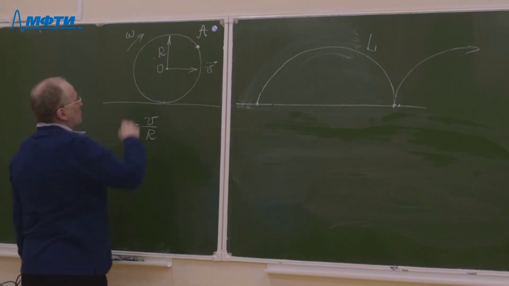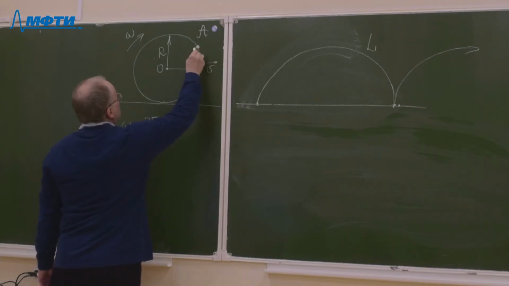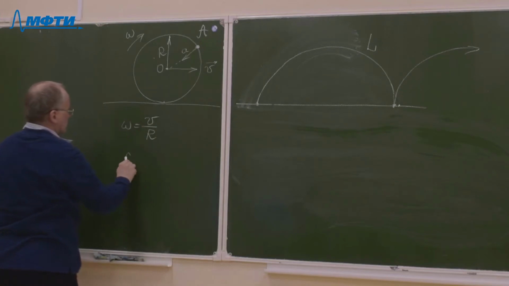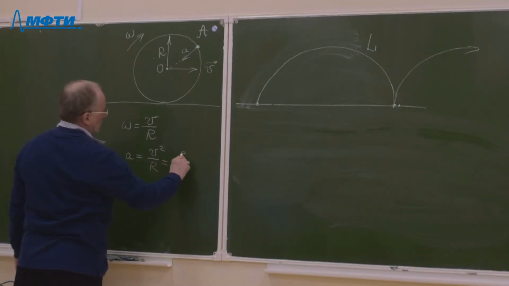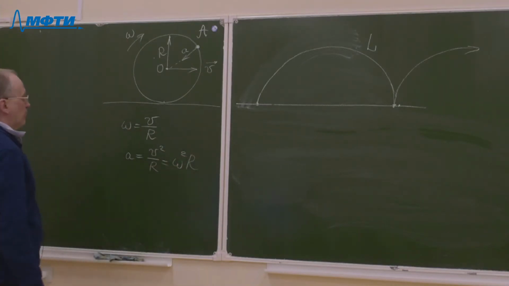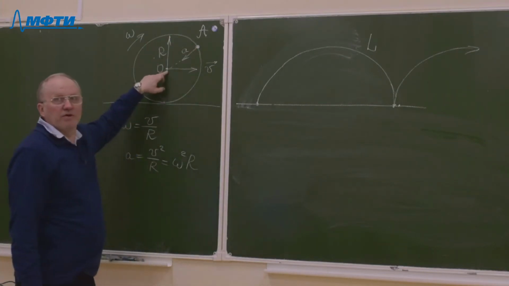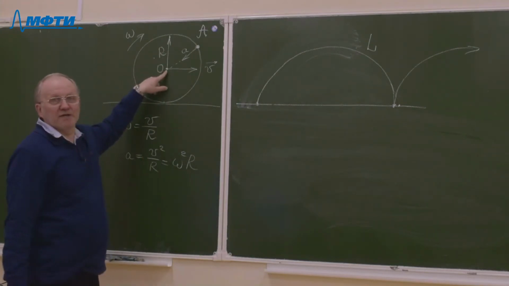And in this new reference system, any point of this circle will have a centripetal acceleration directed to the center, and the centripetal acceleration will be given by a well-known formula v squared over r, or it may be put as omega squared r. That will be the acceleration of any point of the rim in the reference frame in which the center of this wheel is at rest.